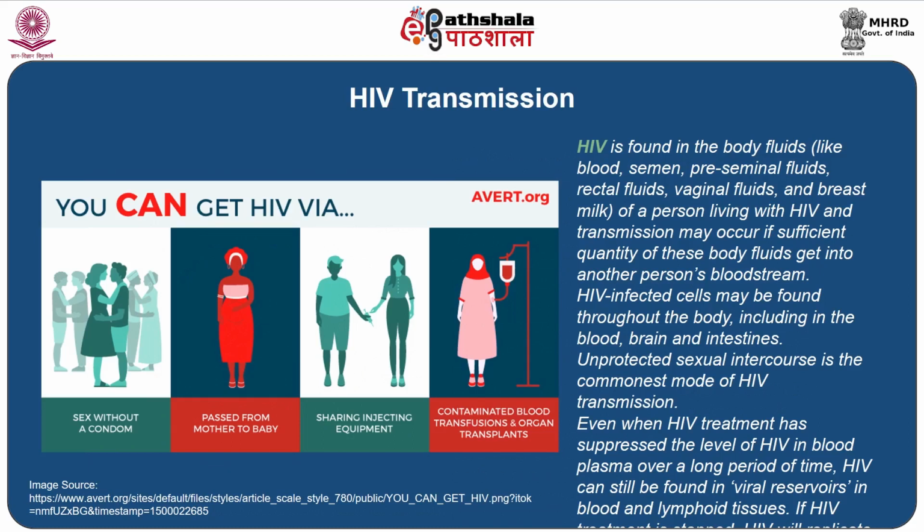Unprotected sexual intercourse is the commonest mode of HIV transmission. Even when HIV treatment has suppressed the level of HIV in blood plasma over a long period of time, HIV can still be found in viral reservoirs in blood and lymphoid tissue. If HIV treatment is stopped, HIV will replicate again.